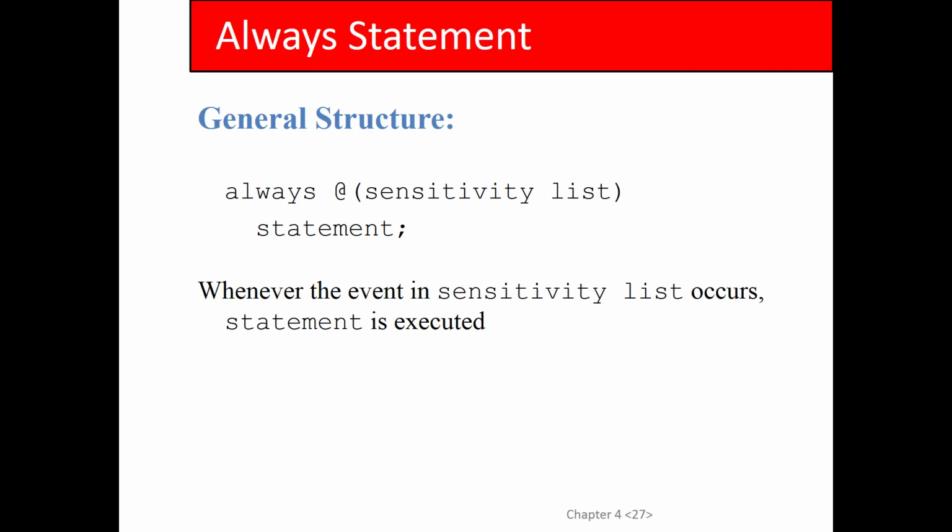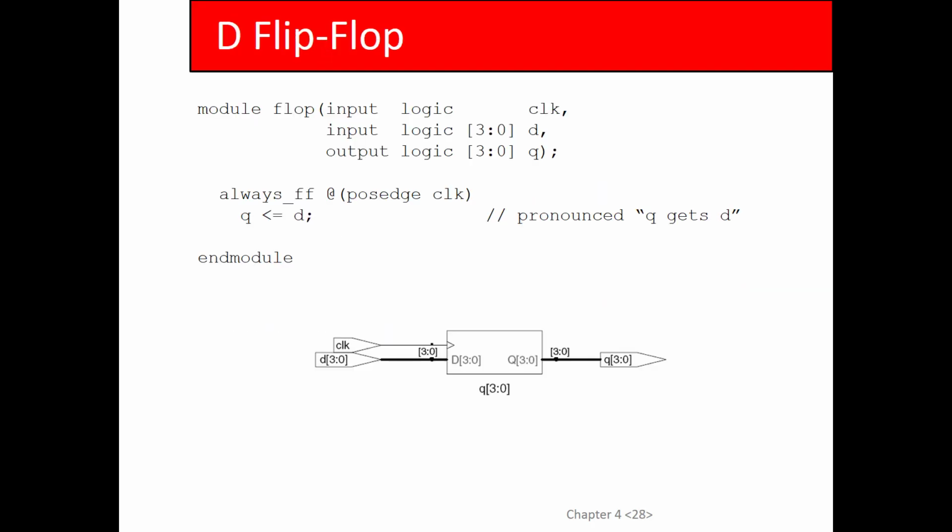In SystemVerilog, they have different versions of the always statement designed as a way to avoid bugs in your code. So if you have always_ff, that tells the synthesizer or the simulator that you are designing an always block that implements a flip-flop style edge-triggered memory. So it's good to use that.